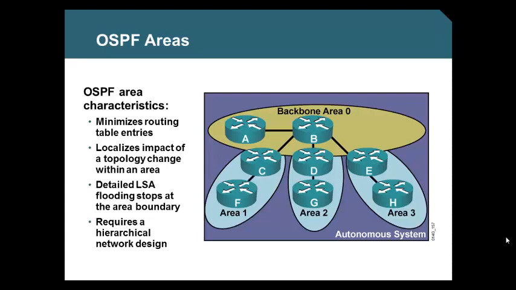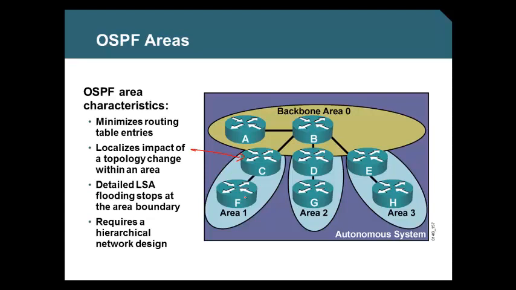First, when you have multiple areas, you get one summarization point. Which one is the summarization point? The ABRs are the summarization point. C, D and E are the summarization points. For area 1, C is the summarization point. All the area 1 networks will be summarized before sending to area 0.